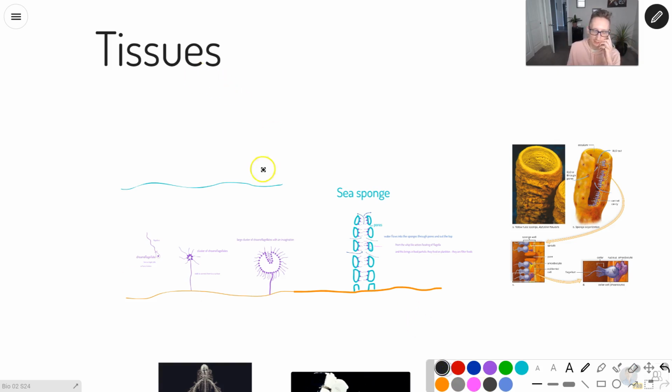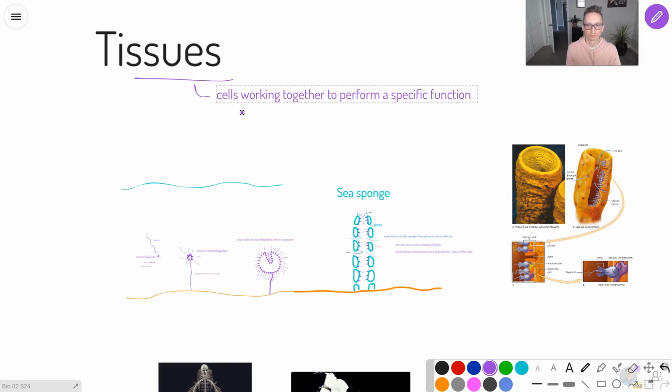So one easy way to define tissues is cells working together to perform a specific function as a whole. It's a collective of cells coming together to get some job done.